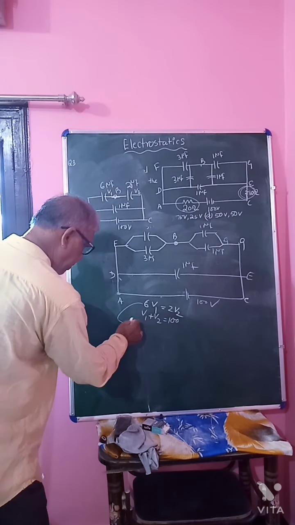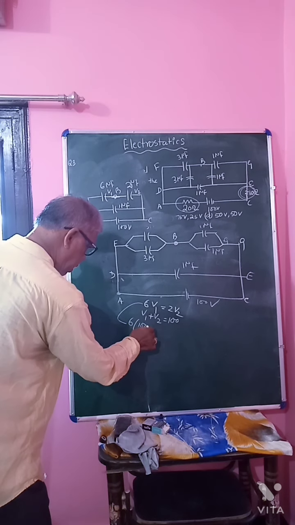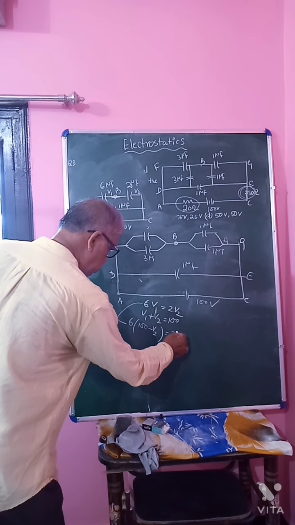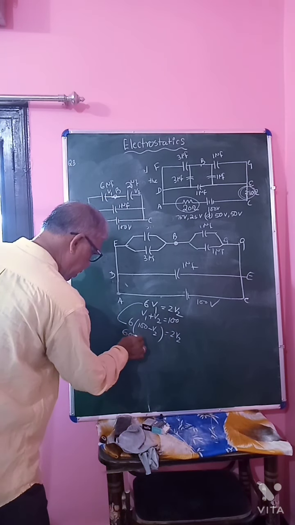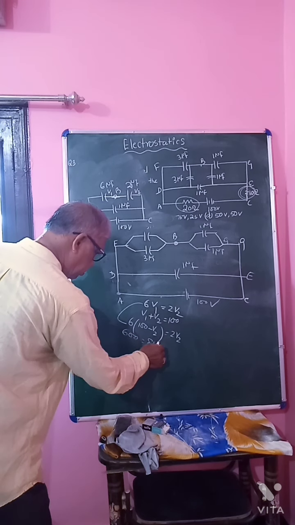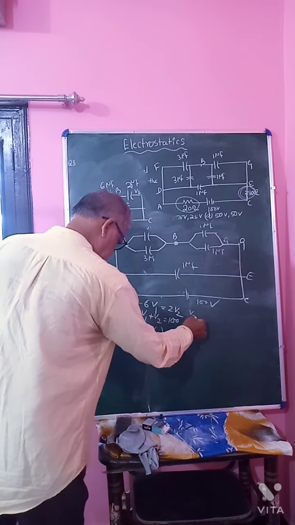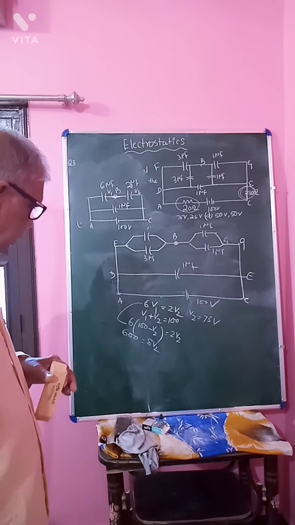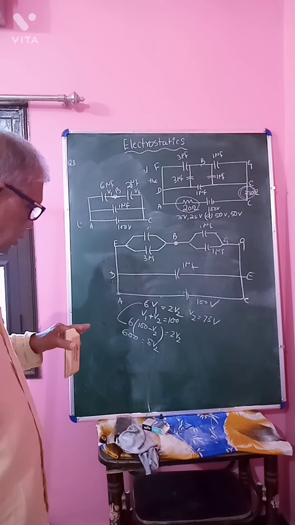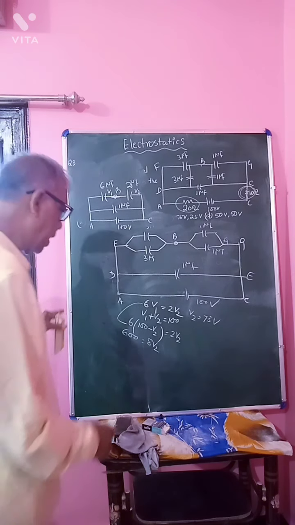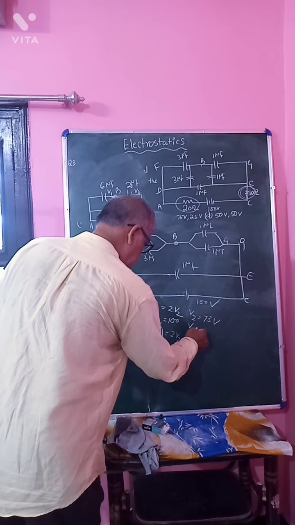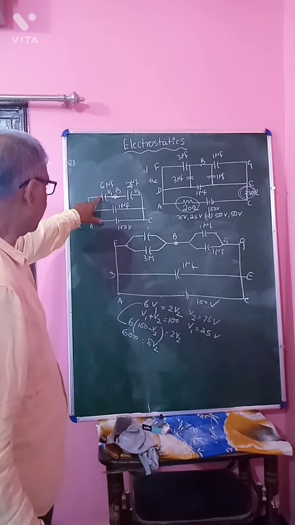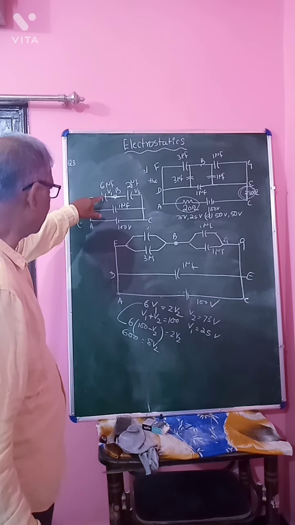Now putting V1 equal to 100 minus V2, we get 600 minus 6 V2 equal to 2 V2, so 600 equal to 8 V2, or V2 is equal to 600 by 8, that is 75 volt, and V1 equal to 25 volt. So the potential across the 6 microfarad capacitor, that is V1, is 25 volt.